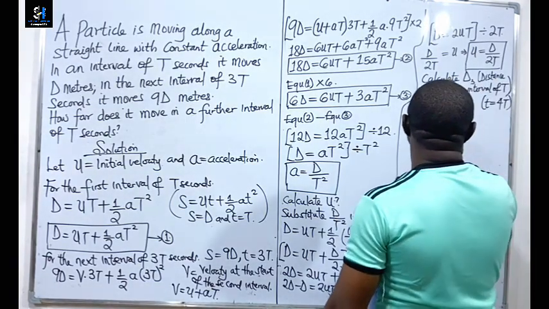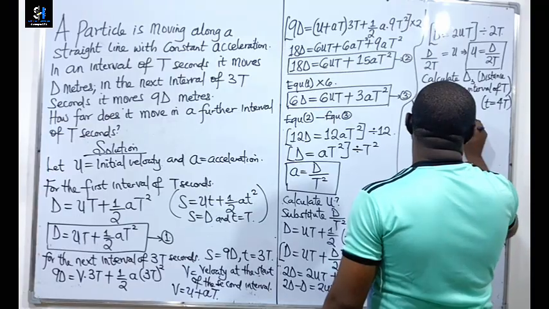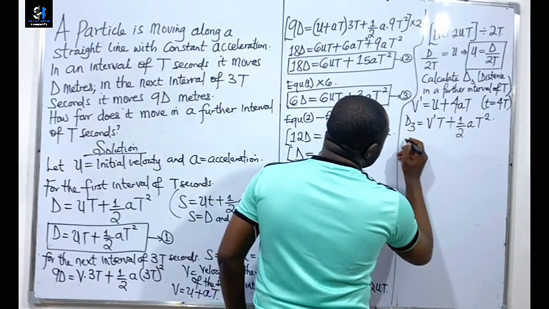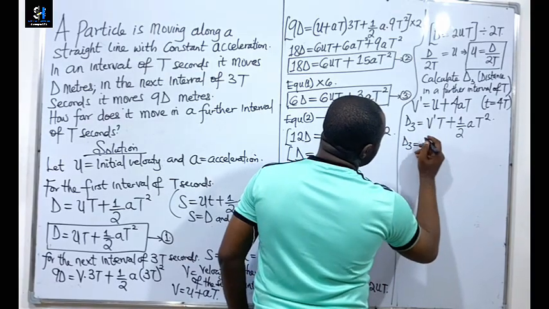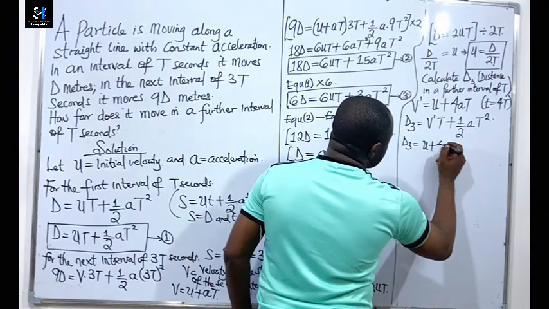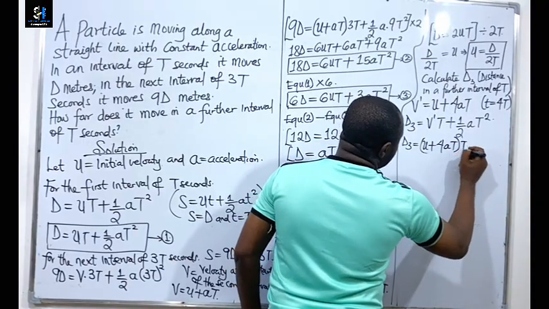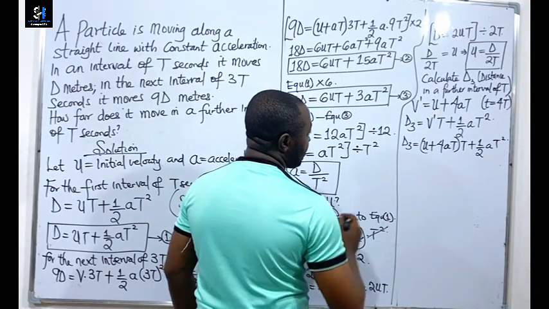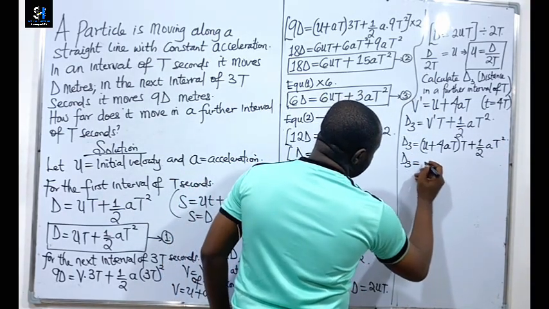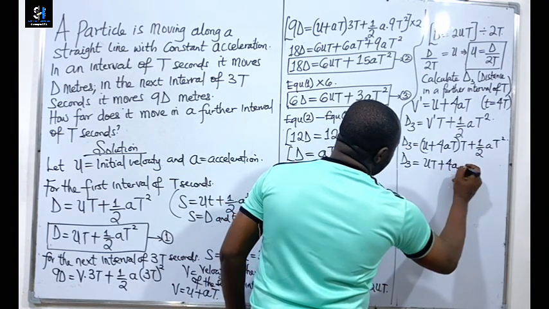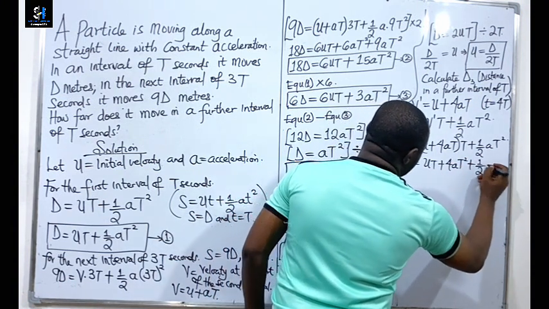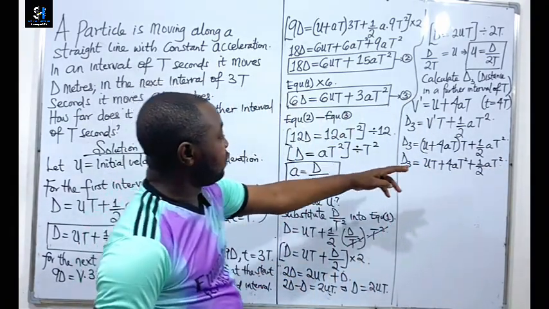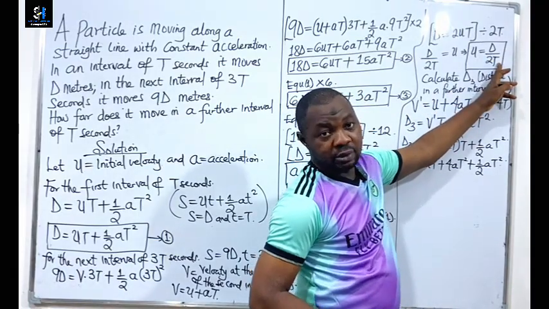So d3 will be u plus 4at multiplied by t, plus 1/2 of at squared. So d3 will be ut plus 4at squared plus 1/2 of at squared. Nice.